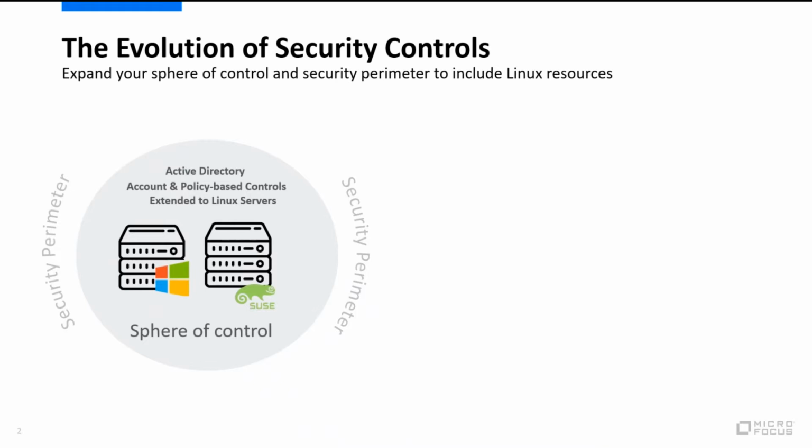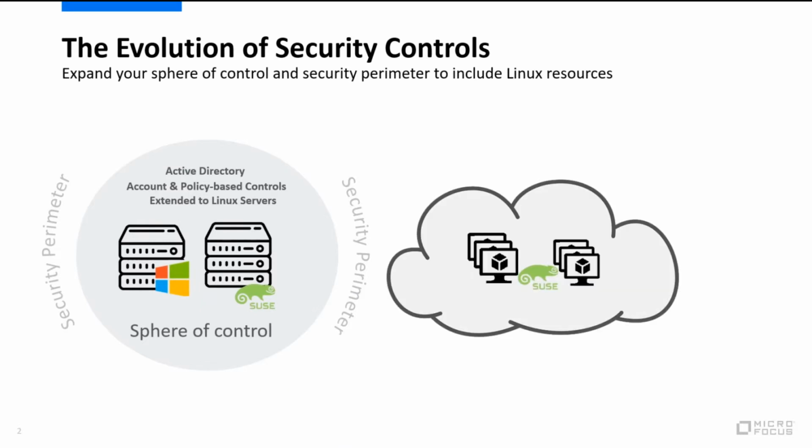But that's not the end of our story. What we hear from customers, and what we recognize, is that customers have really made this move to cloud, and SUSE is a great choice for them. But you're set to manage those differently, separately, and it's a challenge.